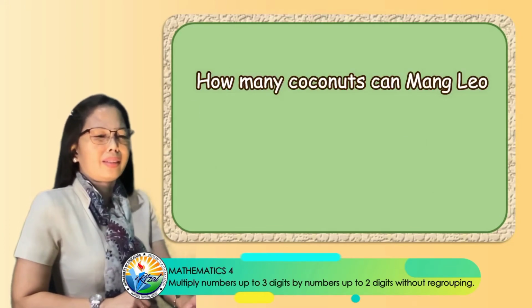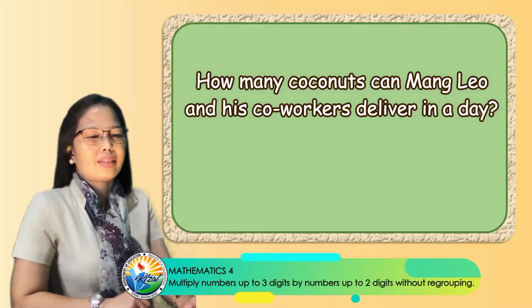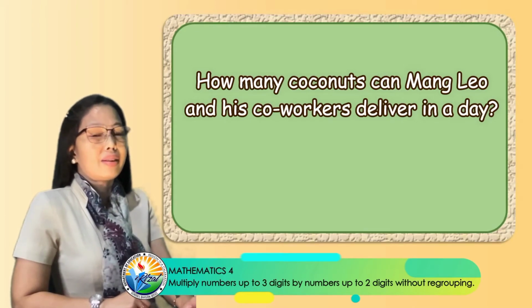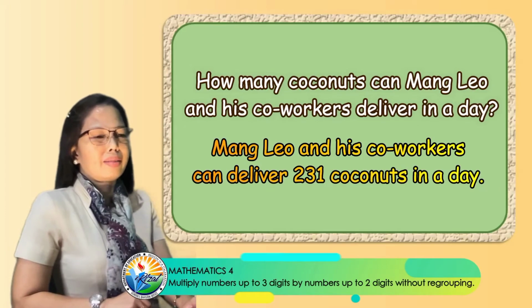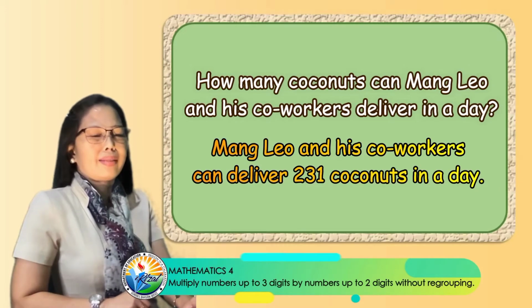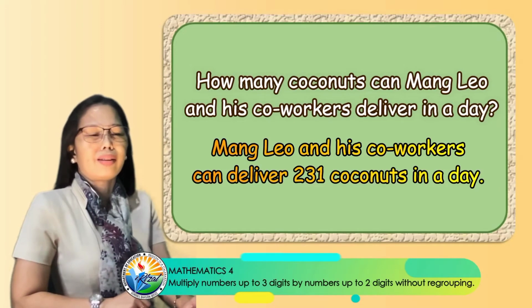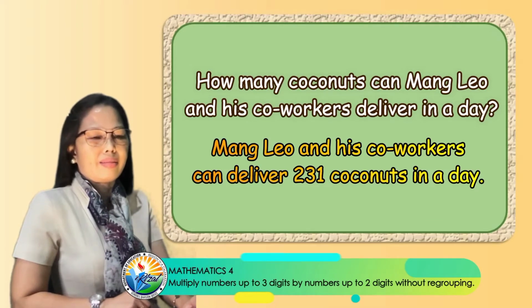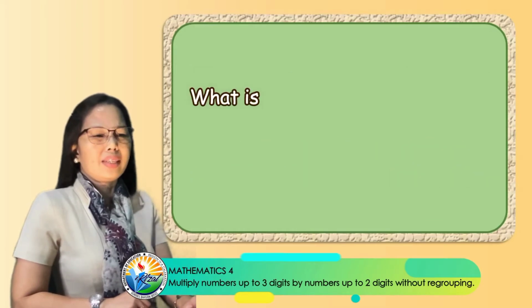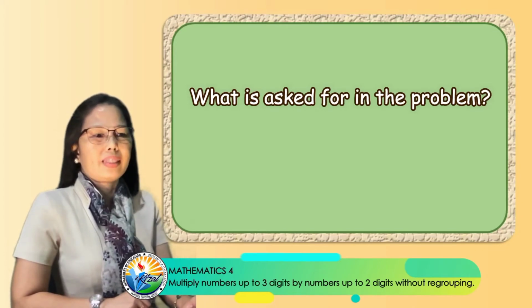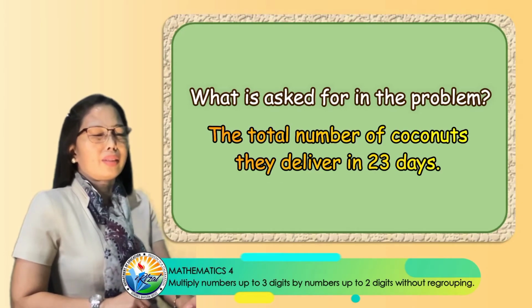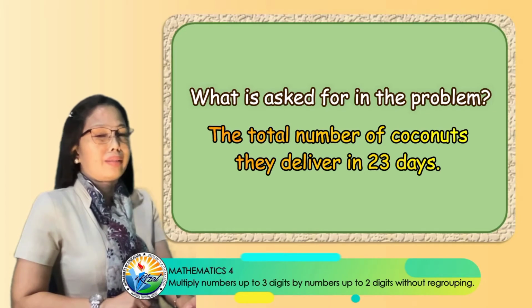How many coconuts can Mang Leo and his co-workers deliver in a day? Correct. Mang Leo and his co-workers can deliver 231 coconuts in a day. What is asked for in the problem? Right. The total number of coconuts they deliver in 23 days.